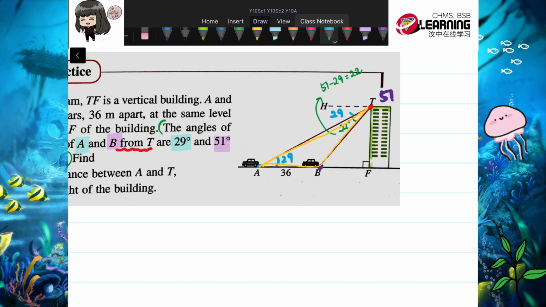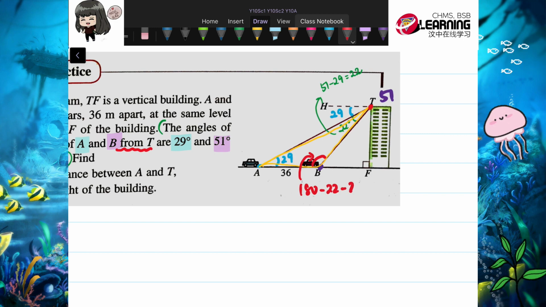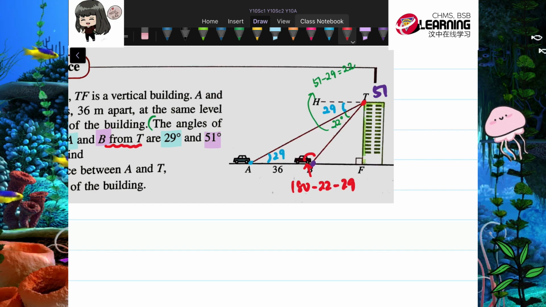So if it's a triangle, then you can know that this angle here will be 180 minus 22 minus 29. So this angle is 129. Okay, so this is 129 degrees.